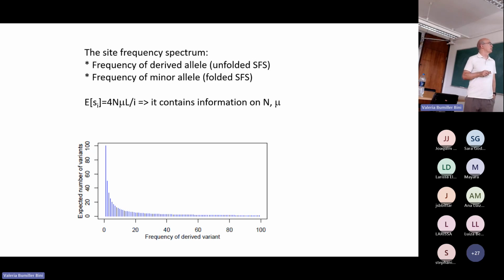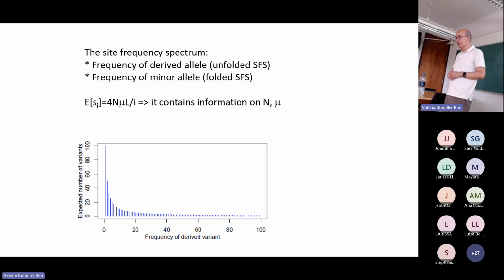So you see that it contains information on N and mu. And there are a series of methods that are used to derive what is the demographic history that would produce this particular site frequency spectrum.